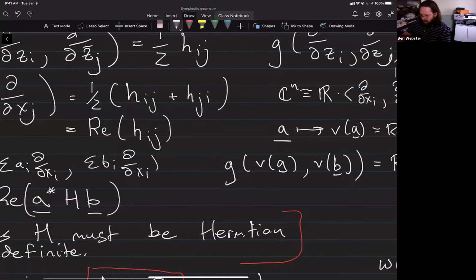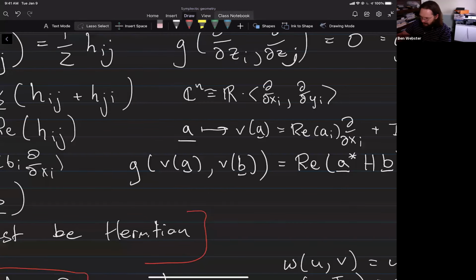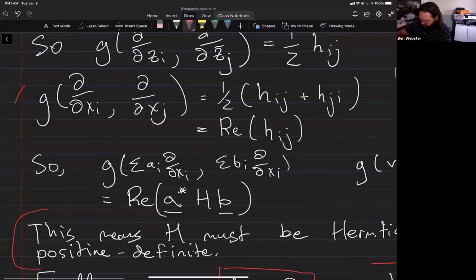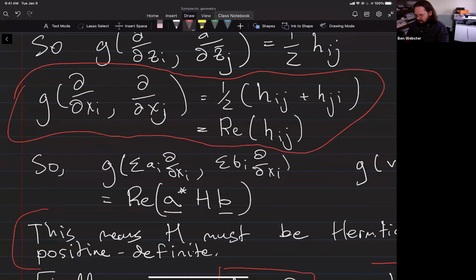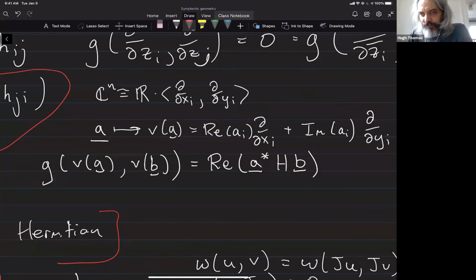This calculation doesn't go through all the details, but it's the key thing you have to know. Another part of the calculation would have been figuring out what G of d/dy_i, d/dy_j is. So it's just a step you skipped.